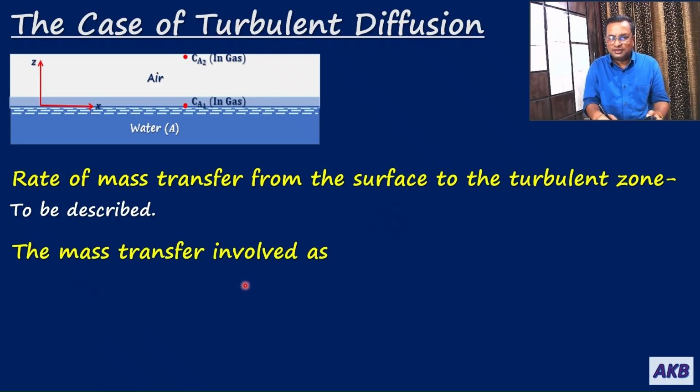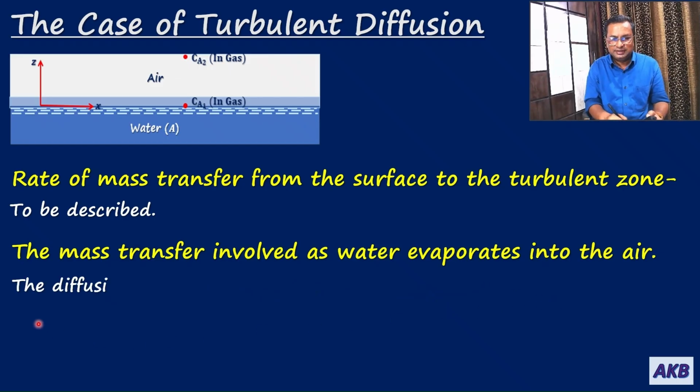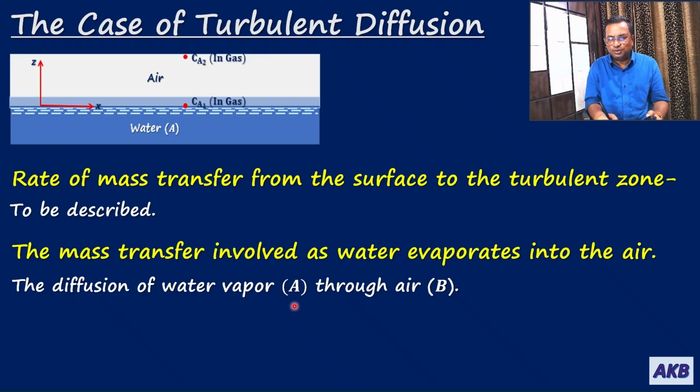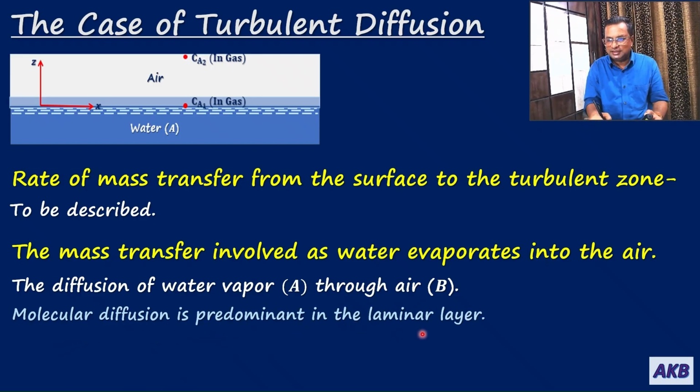The mass transfer involved is as water evaporates into the air, the diffusion of water vapor, which we are denoting by A, through air, which we are denoting by B. Then molecular diffusion is predominant in the laminar layer. We have understood it because in the layer close to the water surface, conditions are laminar.